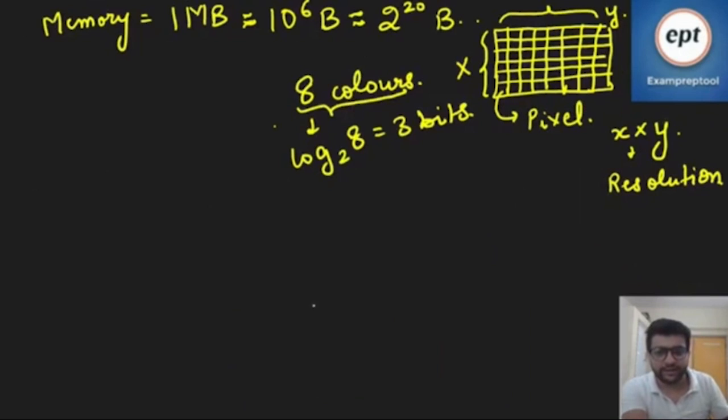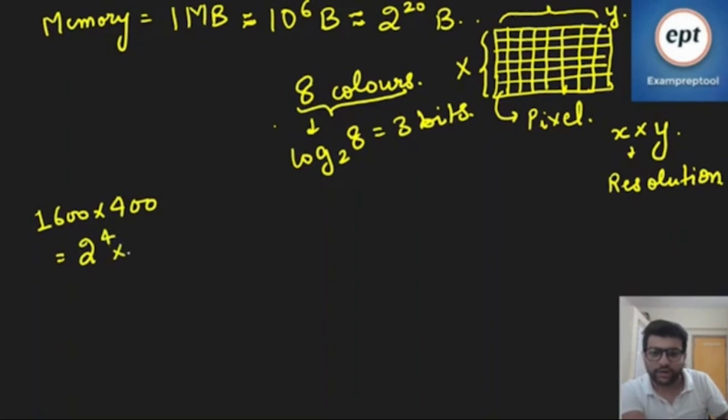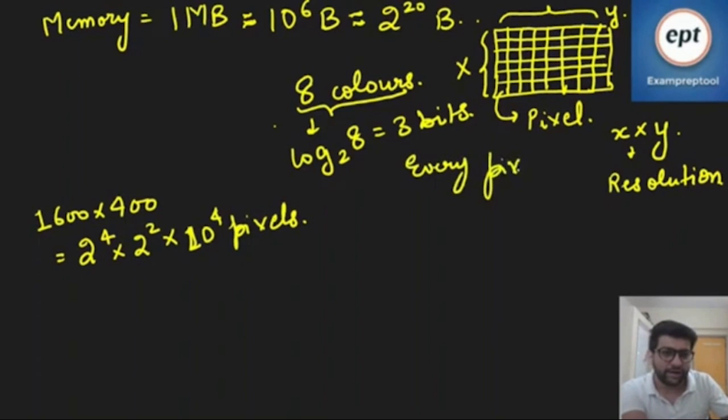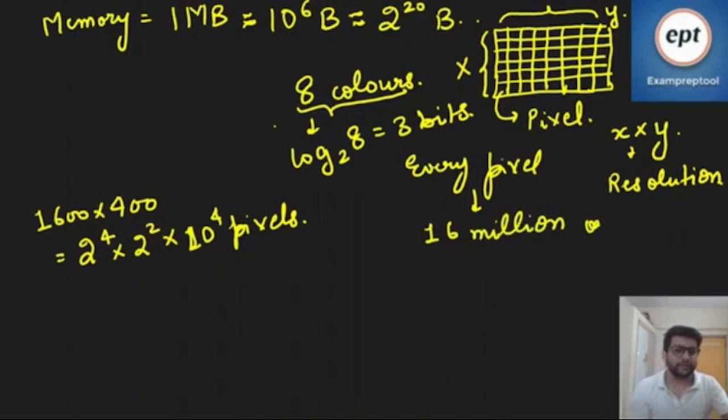Let's say the given resolution is 1600 cross 400. That means we have 2 power 4 into 2 power 2 into 10 raised to the power of 4 pixels, right? And every pixel represents 16 million colors.